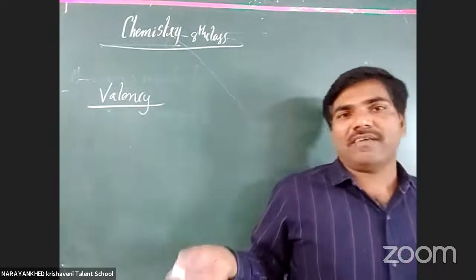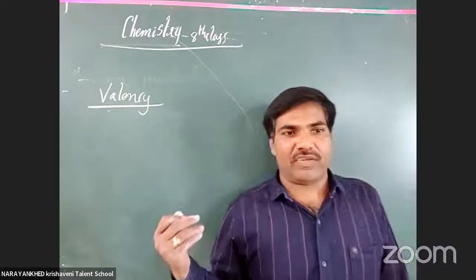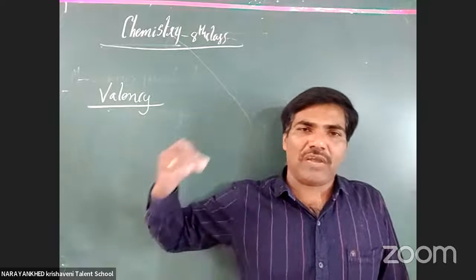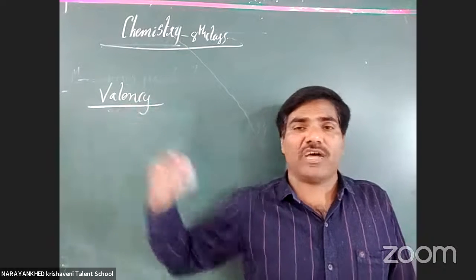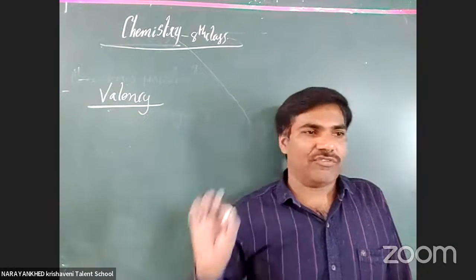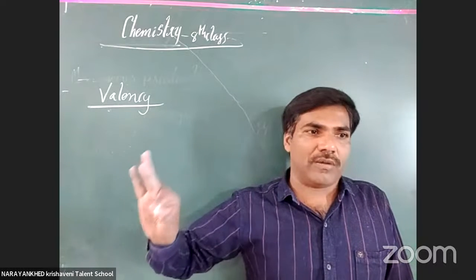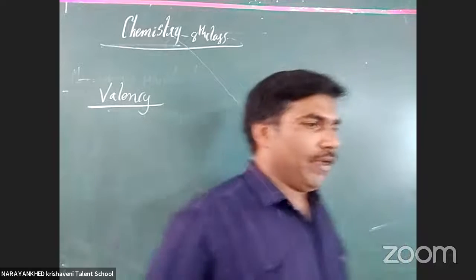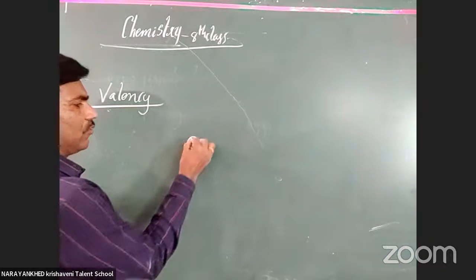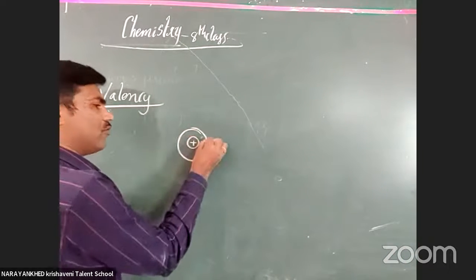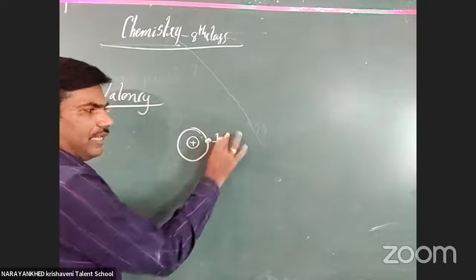Valency has two definitions. One is the number of electrons present in the outermost orbital, and the other is the combining capacity of an atom, which is also called valency. Suppose you take hydrogen. What is the valency of hydrogen? 1. Clear or not?